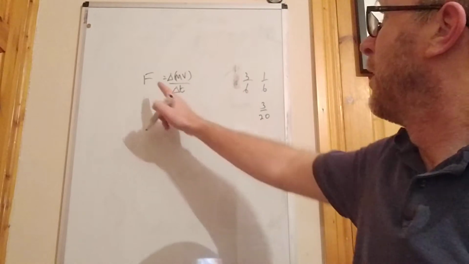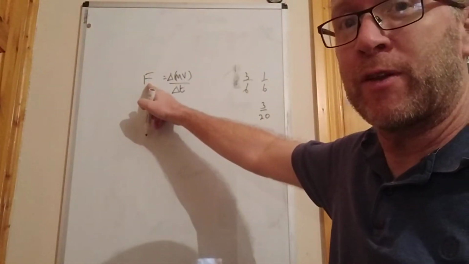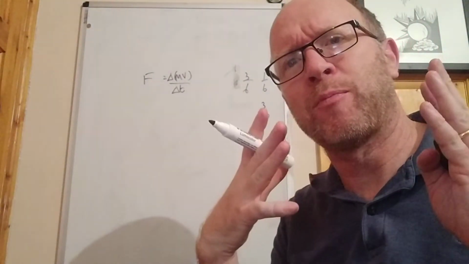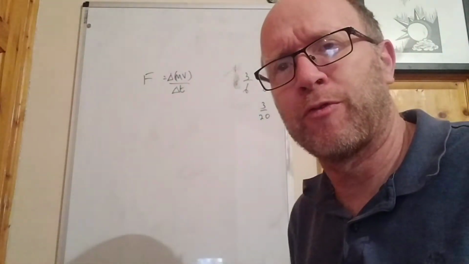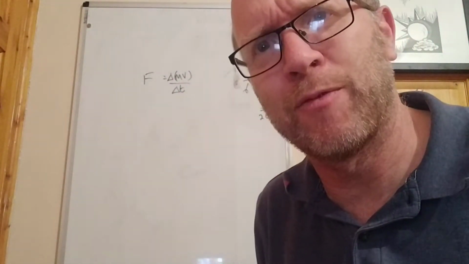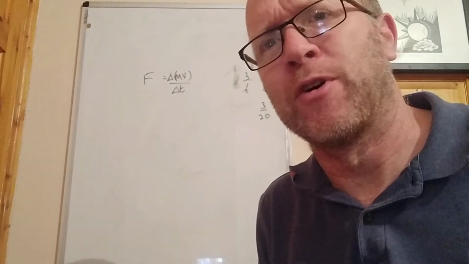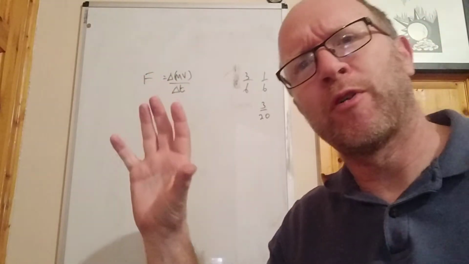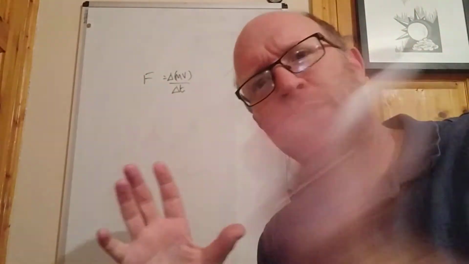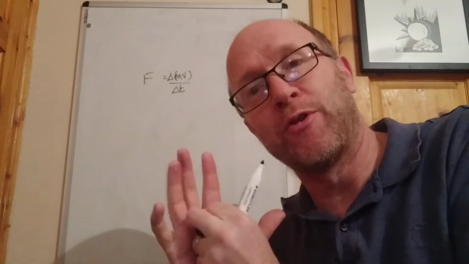So over here, if I want to make the force, which is effectively the full fraction, smaller, I either make the momentum smaller, because force is proportional to delta mv. Now often that can't be done. You can't make the change in momentum smaller if a ball is being thrown at you, because the ball has a momentum and it hits your hand and it'll end up with no momentum.